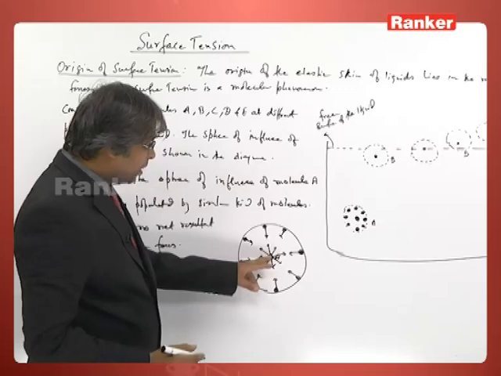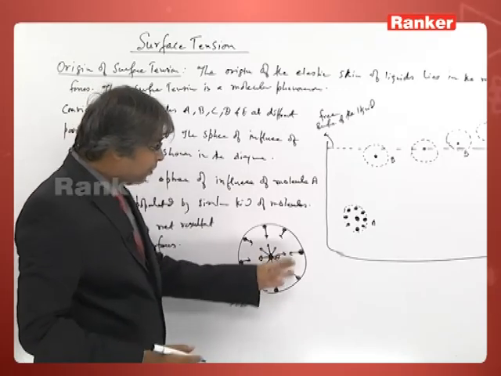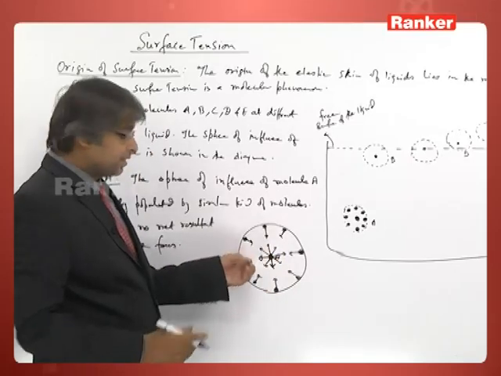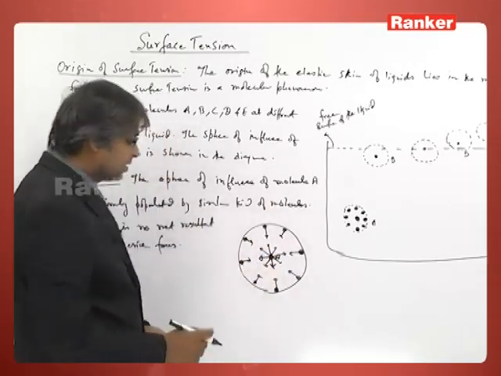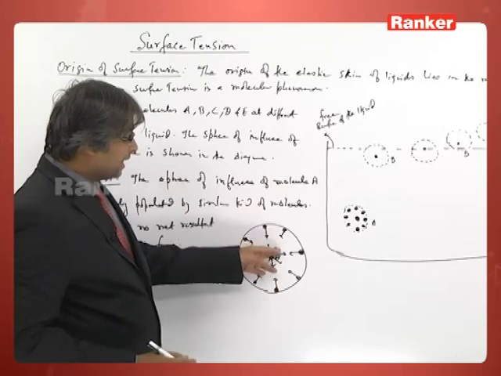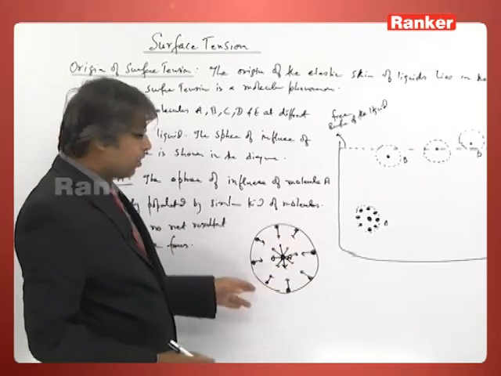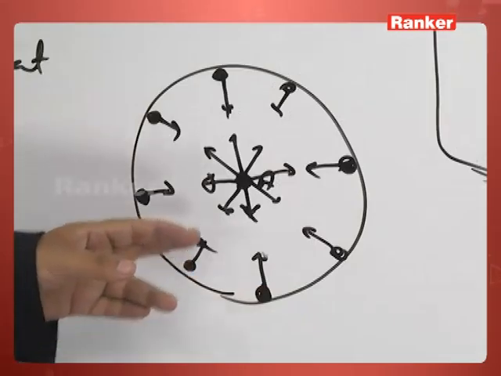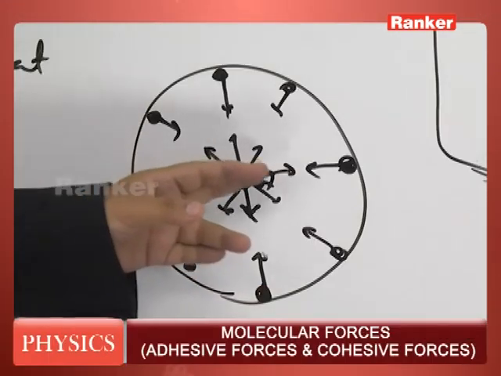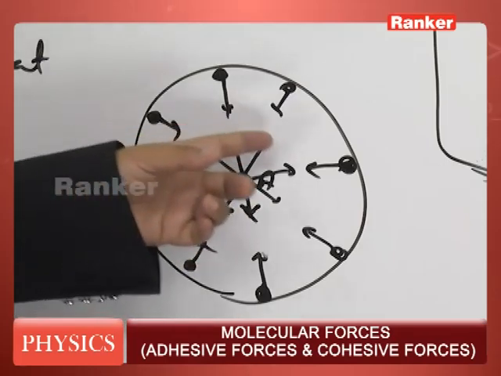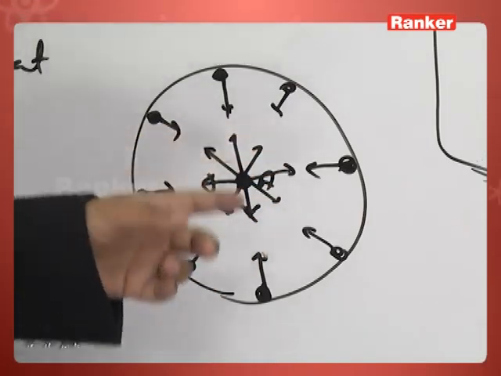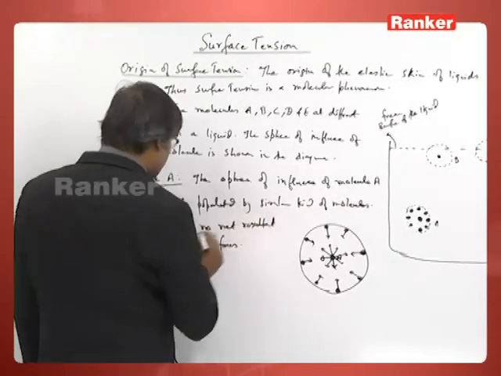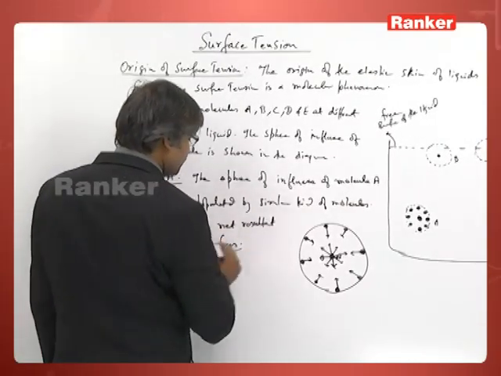So, these molecules are applying inward forces and they are also pulling A in different directions, and so A is surrounded evenly from all directions and enjoys the safety of the bulk, and so there is no favored direction in which the resultant of cohesive forces will go. So there is no net resultant of the cohesive force.